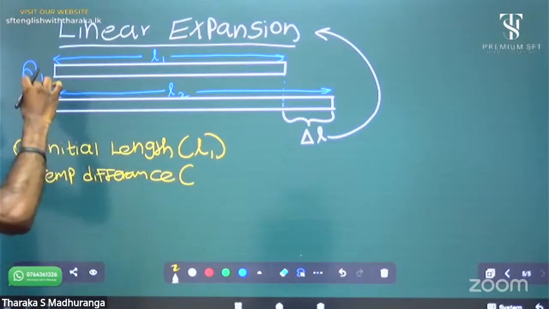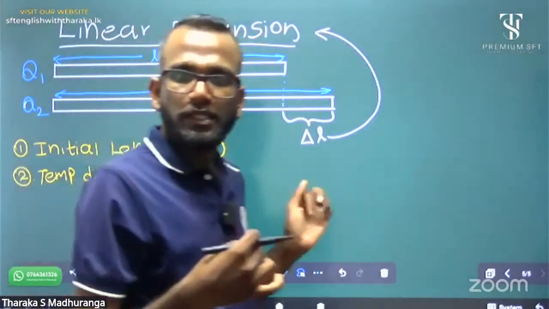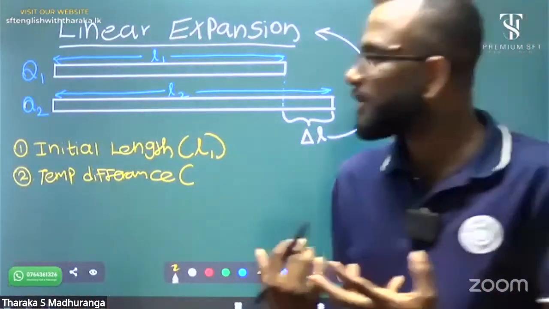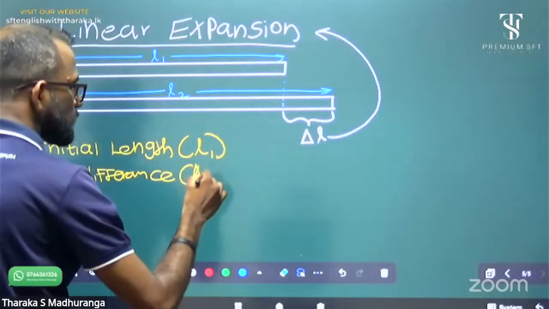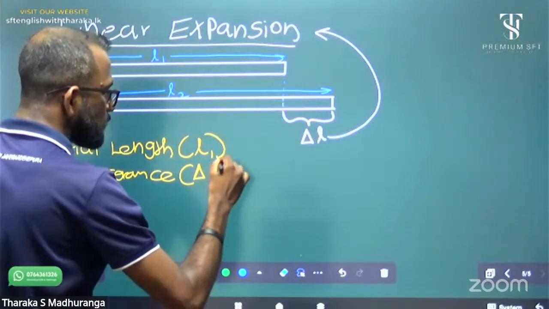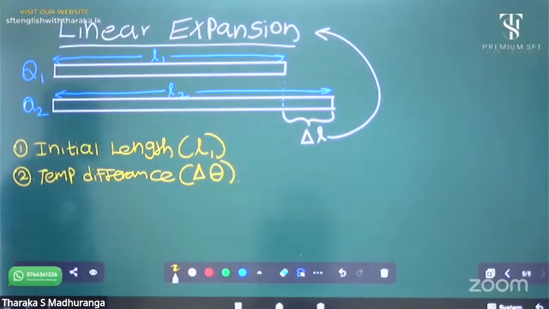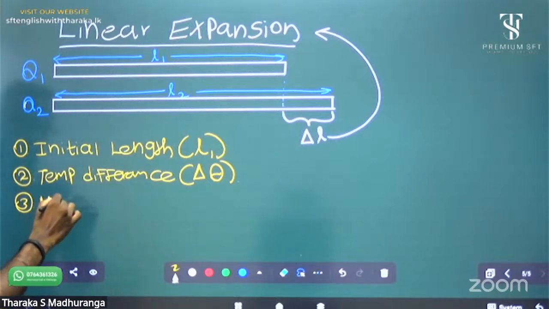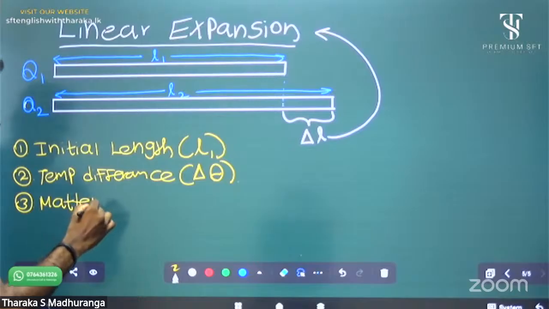Temperature difference means theta 2 minus theta 1. In short form, we can say delta theta. Delta means difference. Delta theta. Final factor, material type. Matter type.